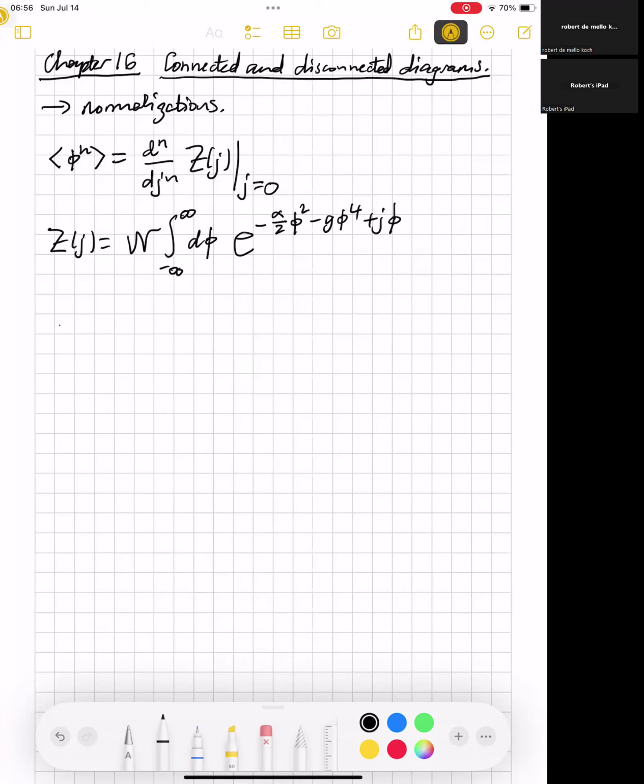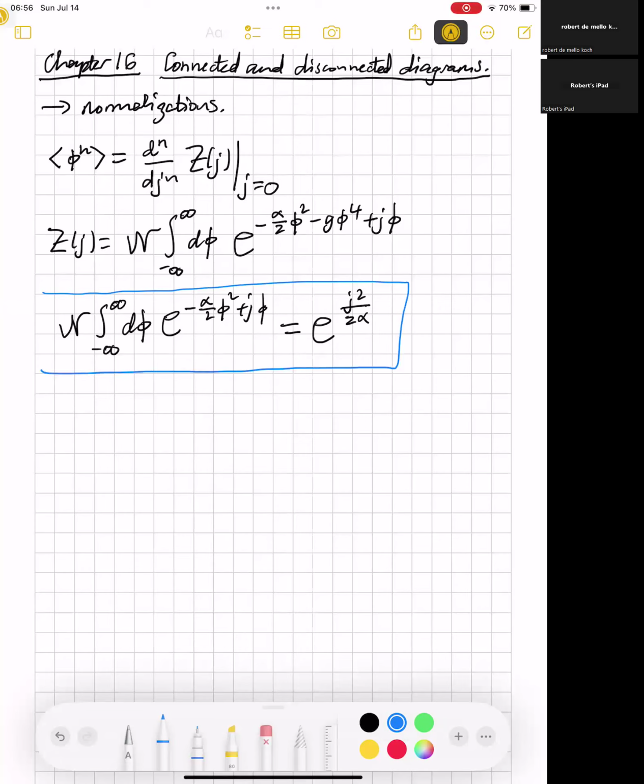And how was N set? Well, N was set as follows. We said that N times the integral from minus infinity to infinity d phi of e to the minus alpha over 2 phi squared plus j phi, this is something that we calculated in the free theory. So let's continue to use that result.